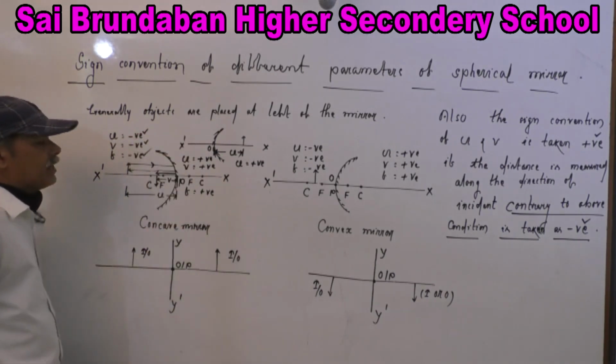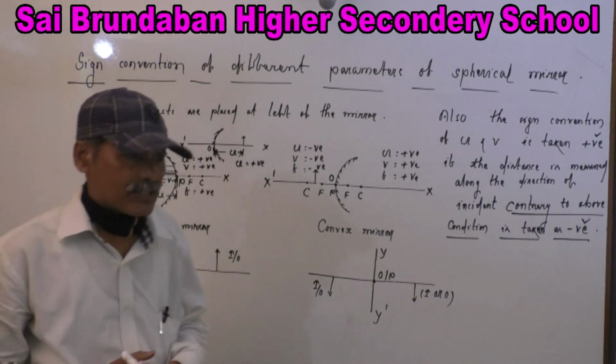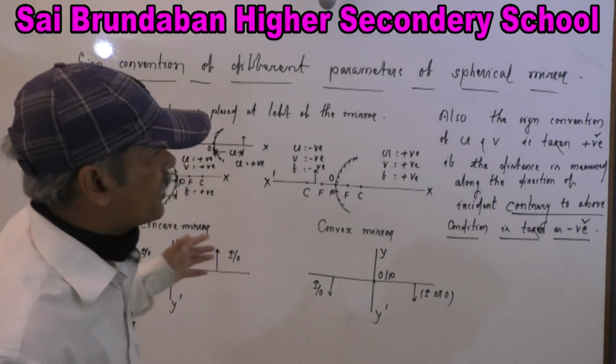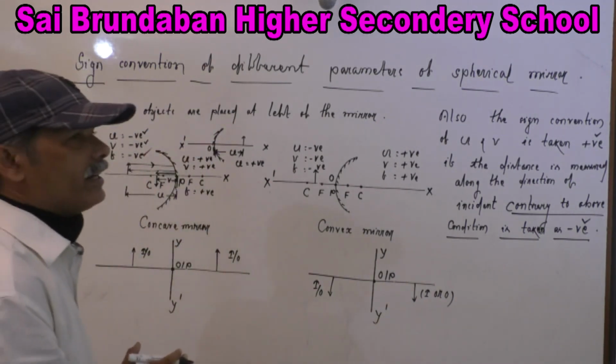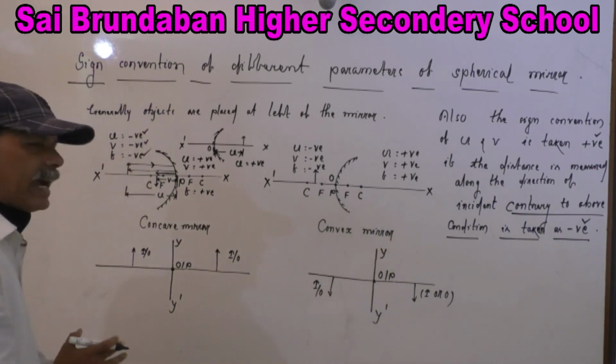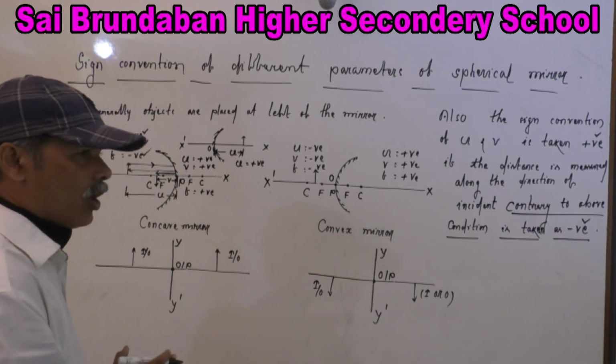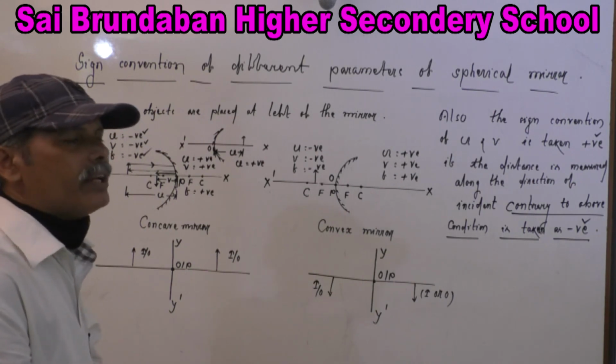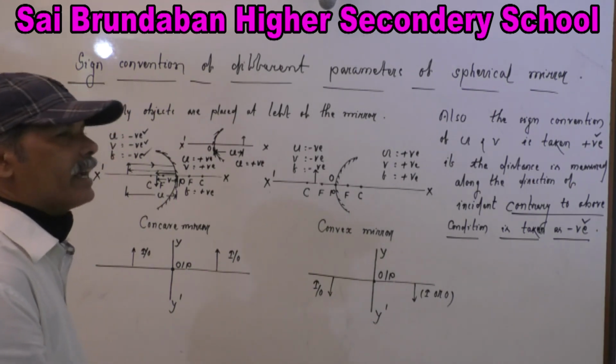If the lengths are measured contrary to the direction of incident ray, then the sign convention of U, V and F is taken as negative. Always remember.